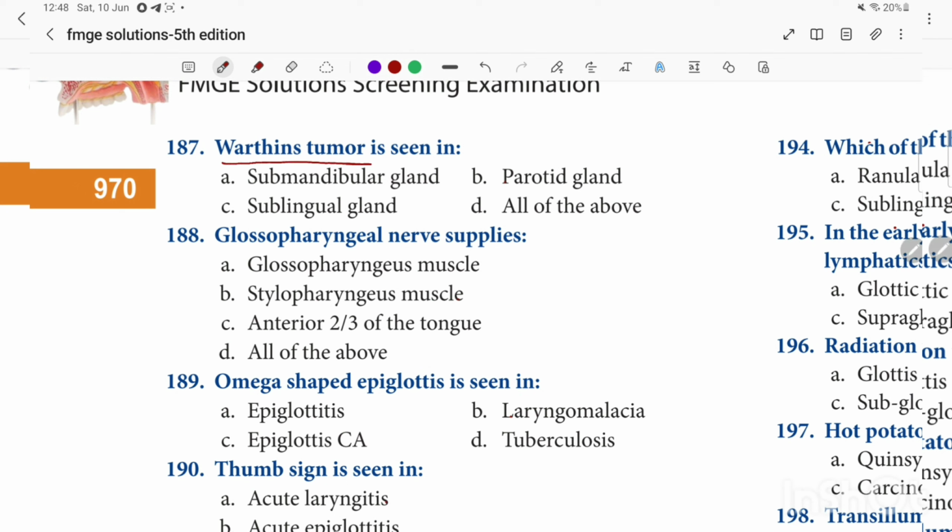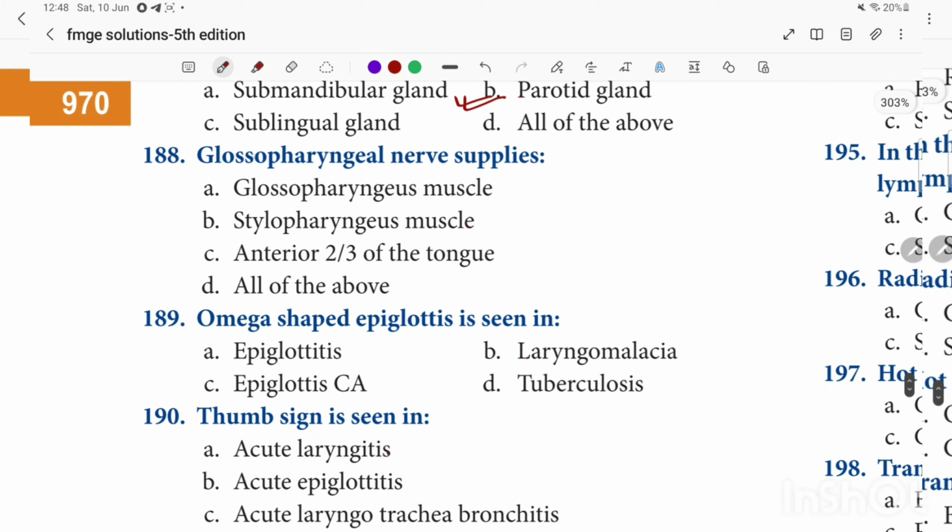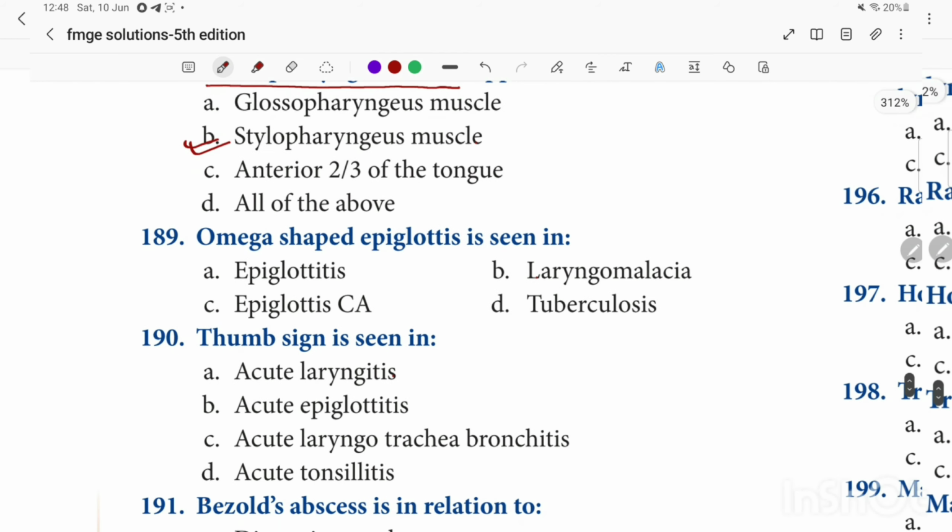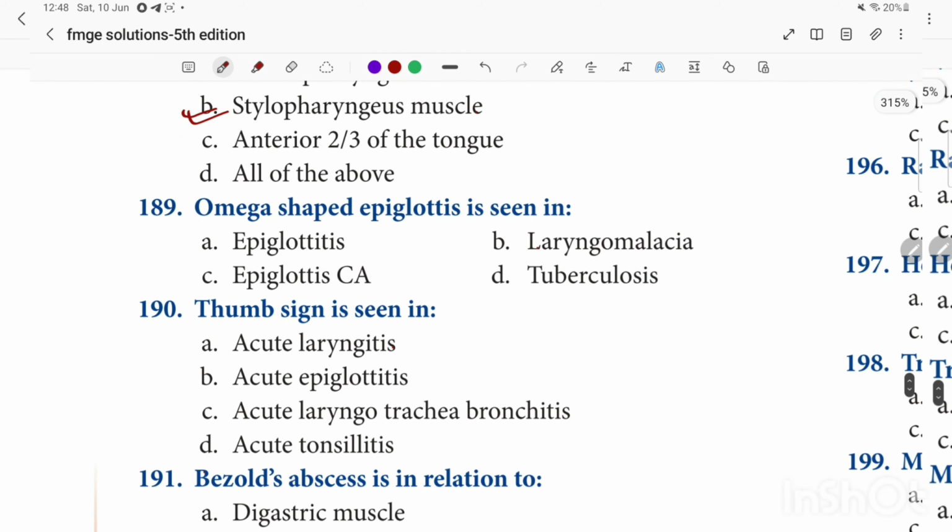Warthin tumor is seen in the parotid gland. Glossopharyngeal nerve supplies the stylopharyngeus muscle. Omega-shaped epiglottis is seen in laryngomalacia.